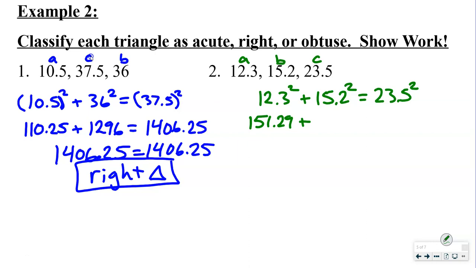And then 15.2 squared is 231.04. We need to see if that equals 23.5 squared. 23.5 squared is 552.25.